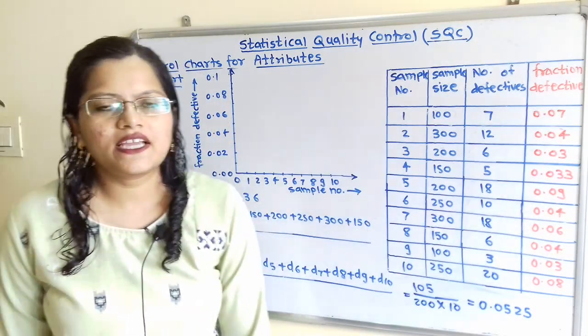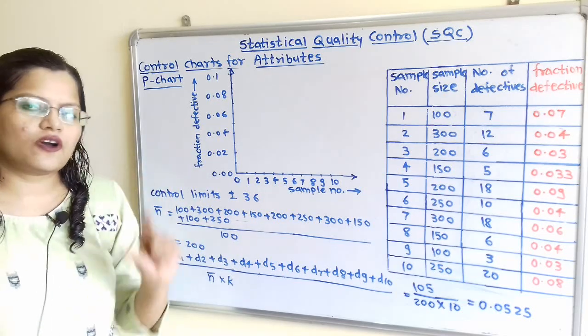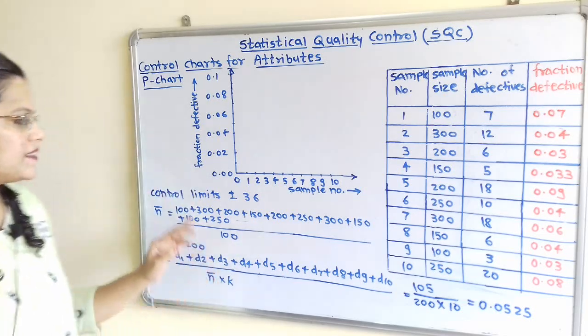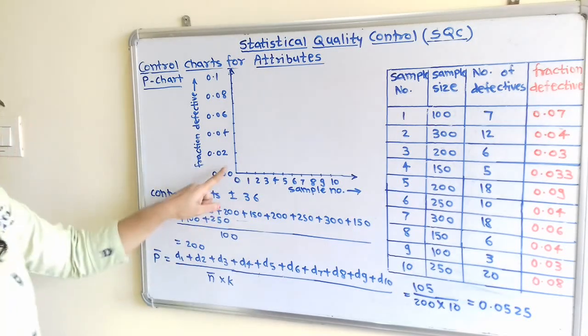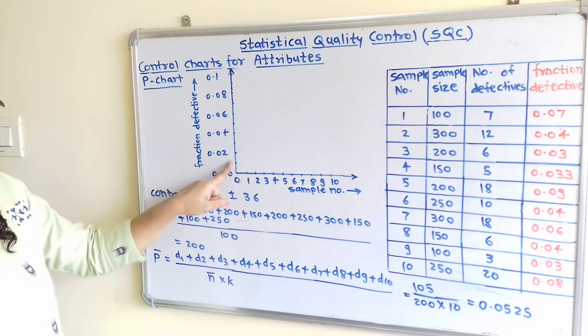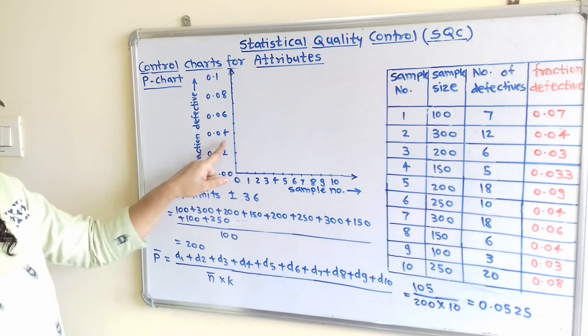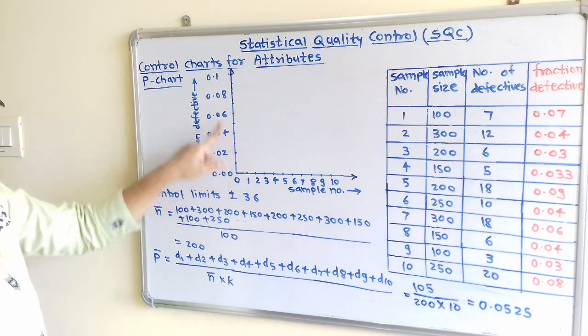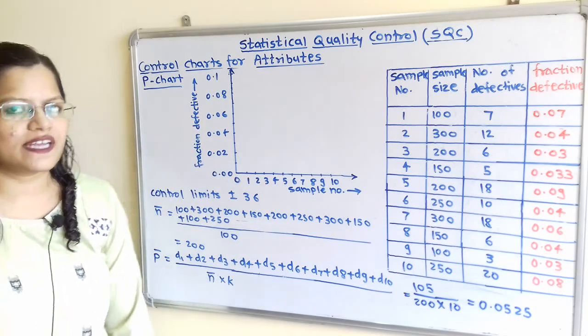So I will take equal distance, 1 centimeter or 2 centimeter as per the space available, and we will start from 0.00. Then after 1 centimeter 0.01, after 2 centimeter 0.02, then 0.03, 0.04 up to 0.10.